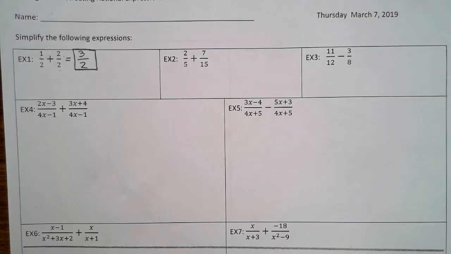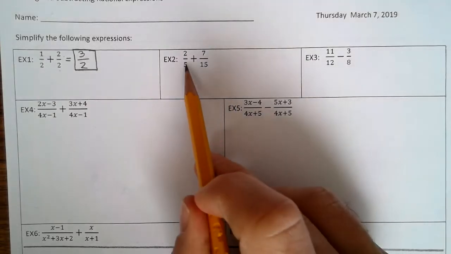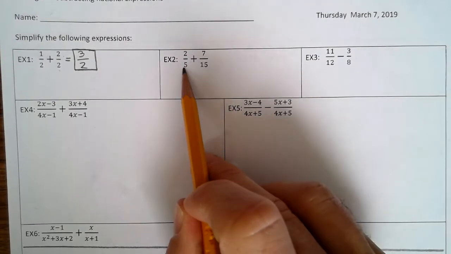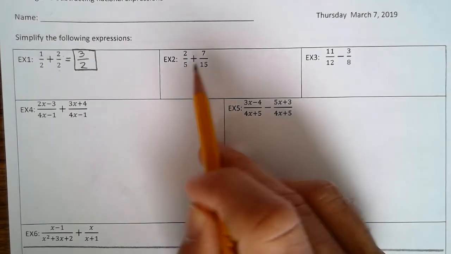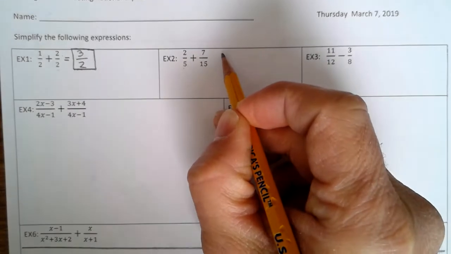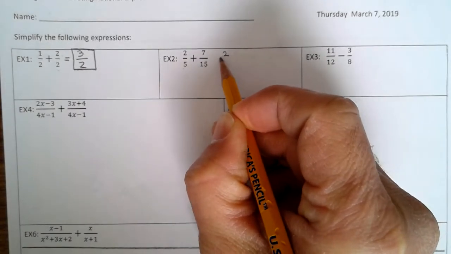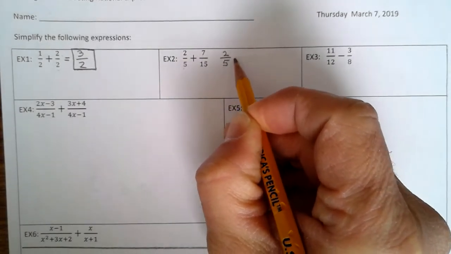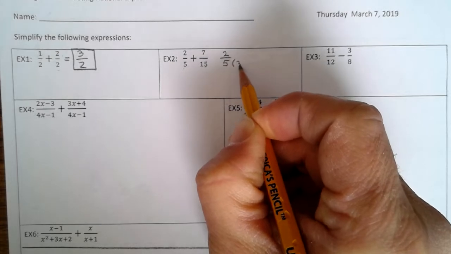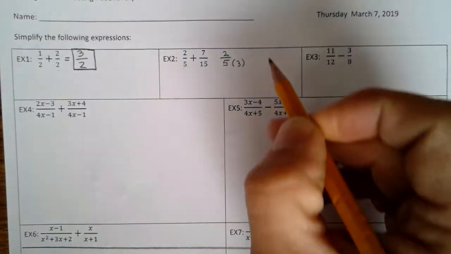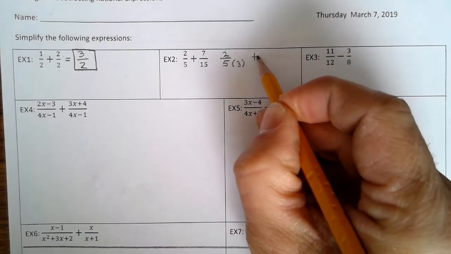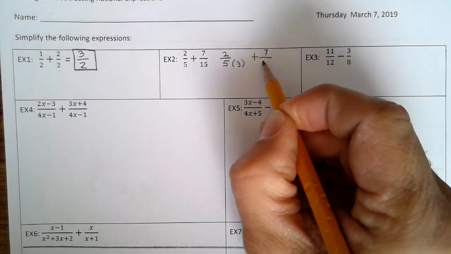So here, what we need to do is have the denominators be the same. So what we can do is multiply the 5 by 3 to make 15, so it'll be the same denominator.